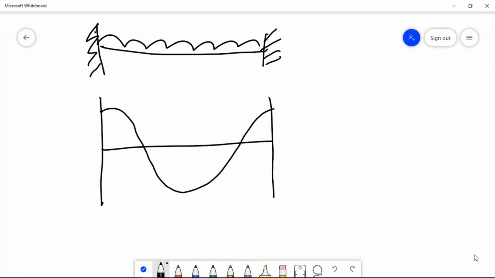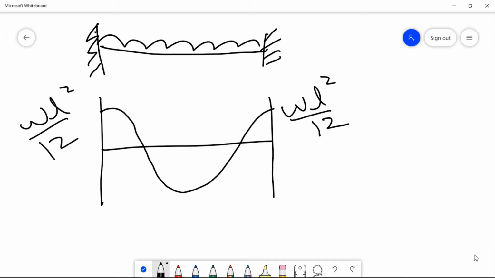At this spot, the moment value is wL²/12. On the left side also wL²/12, and at the center it is wL²/24. Means at the center there is half moment as compared to the supports. wL²/12 is the bigger value, wL²/24 is the smaller value.